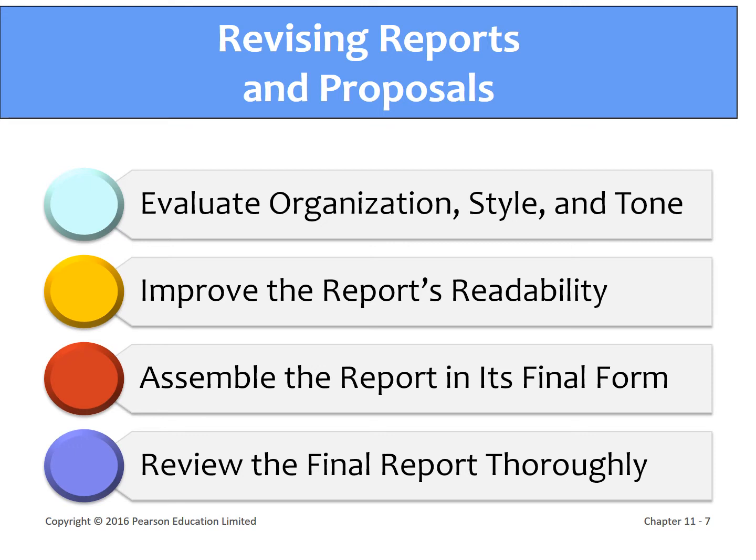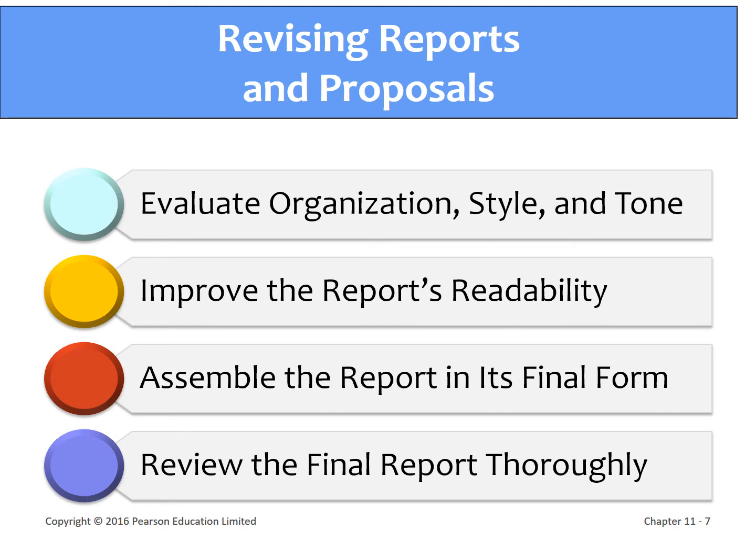After having done that, we can go ahead and work to improve the report's readability. We do this by varying sentence length, keeping paragraphs short, using lists and bullets, and adding headings and subheadings. If we're still familiar, we are going back to how we can be friendly to our audience.